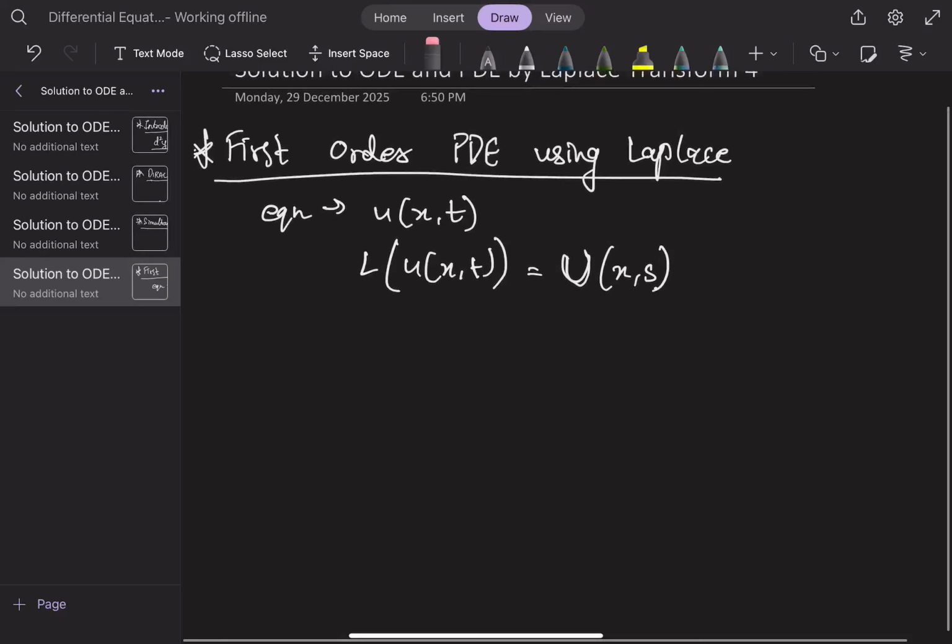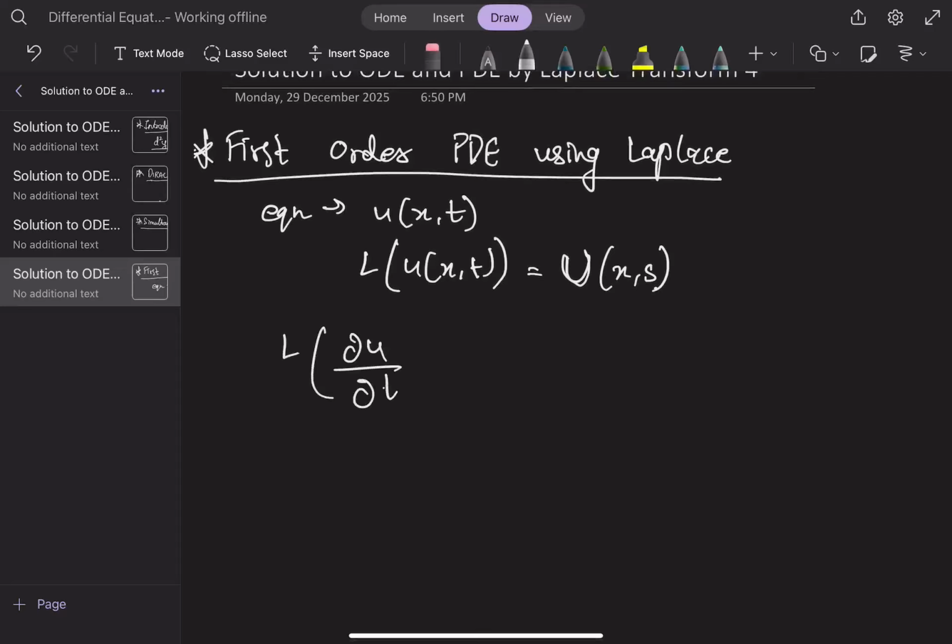Now let's take this. Laplace of del u by del t is given as integral 0 to infinity e raised to minus st del u by del t dt. This was the first formula we learned when we did Laplace.